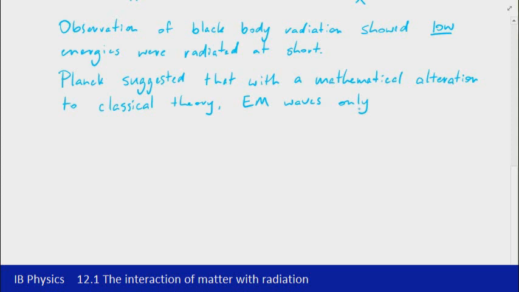The alteration that he made resulted in electromagnetic waves only radiating energy in certain amounts. So only radiating energy in quantized amounts, or in multiples of a quantized amount, I should say. And when we say a quantized amount, we're really saying that it's a small discrete amount that can't be any smaller than that.